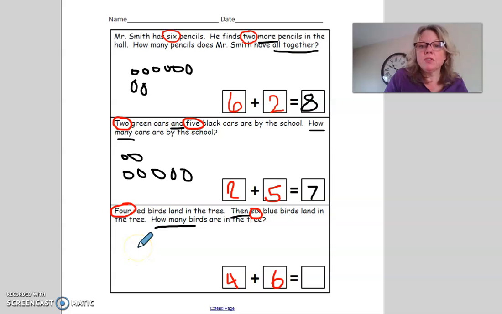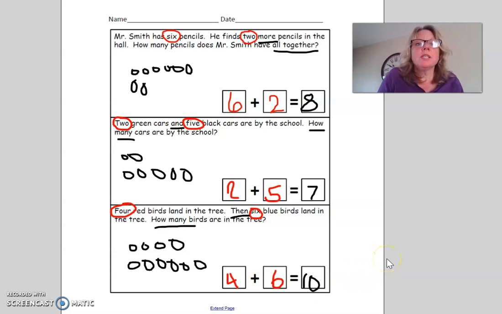The last thing I can do is draw a picture. 4, 1, 2, 3, 4, and 6 more. 1, 2, 3, 4, 5, 6. 1, 2, 3, 4, 5, 6, 7, 8, 9, 10. 4 plus 6 equals 10. The sum is 10.